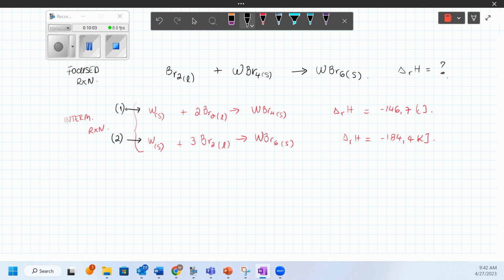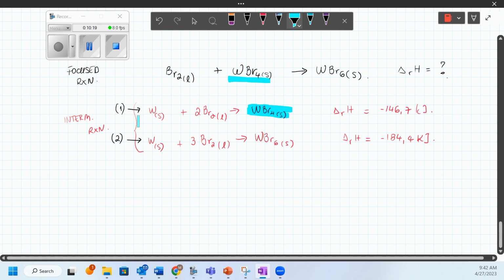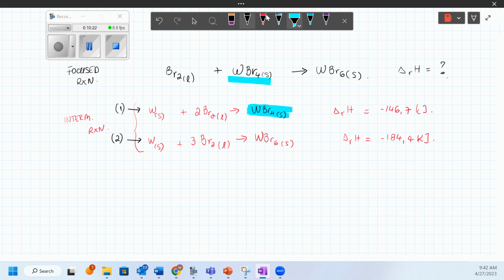This will be the first one that you will see. So I see here on the first intermediate reaction, the WBr4 is on the product side, while in the focused reaction it is on the reactant side. So then what I think that I should do to the first one is I should flip it.